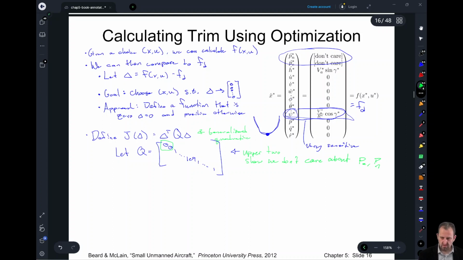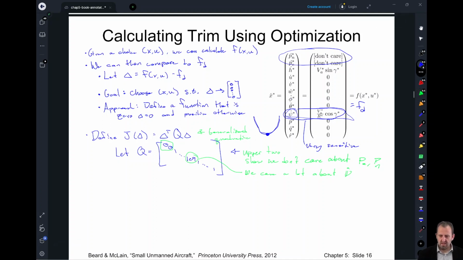So we don't care about those two at all. And then this 1e to the 9 is that we care a lot about psi dot, because that's very sensitive to any deviations.